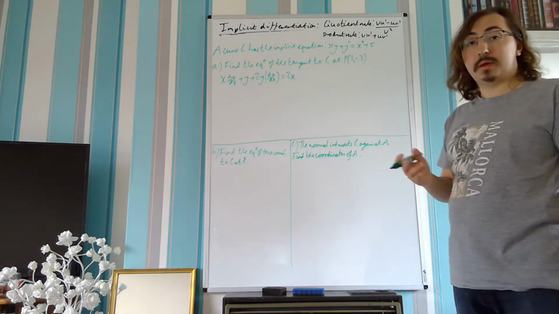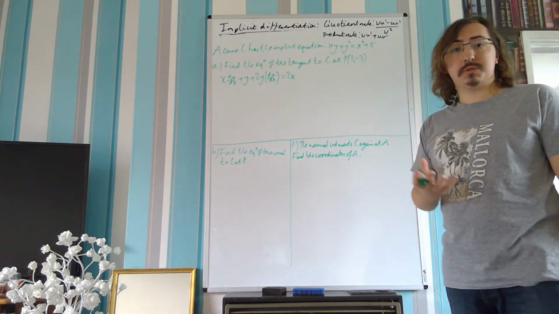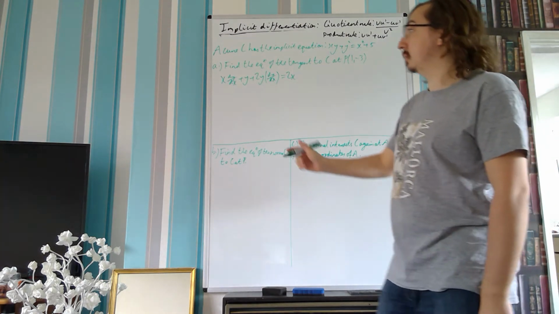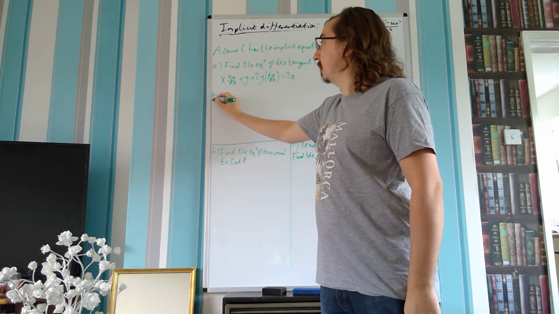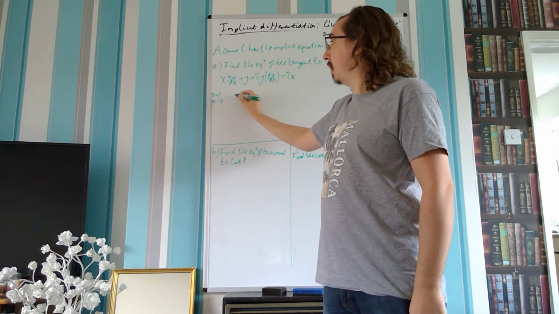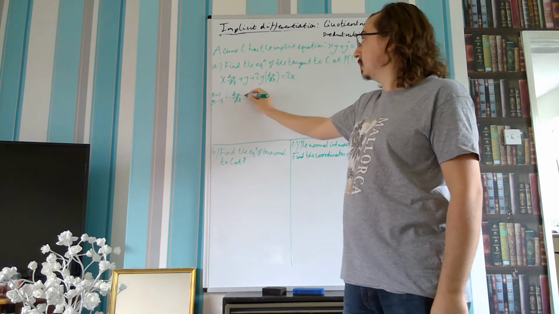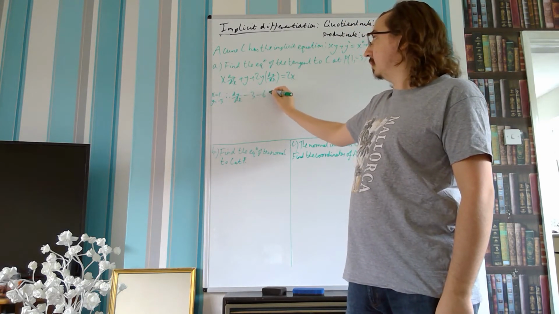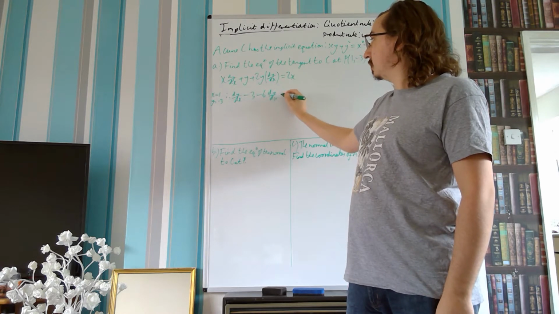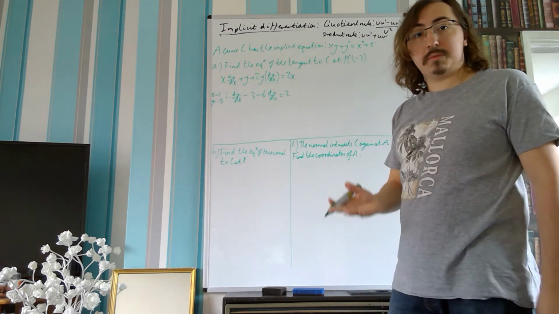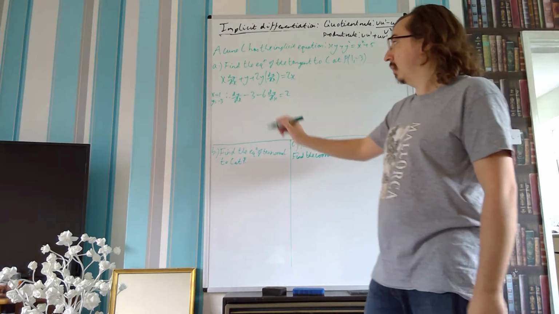Well, we're given the point P is (1, -3), so we can now substitute in the x and y values. So x equals 1, y equals -3. So dy by dx minus 3 minus 6 dy by dx is equal to 2 when we simplify and substitute in.